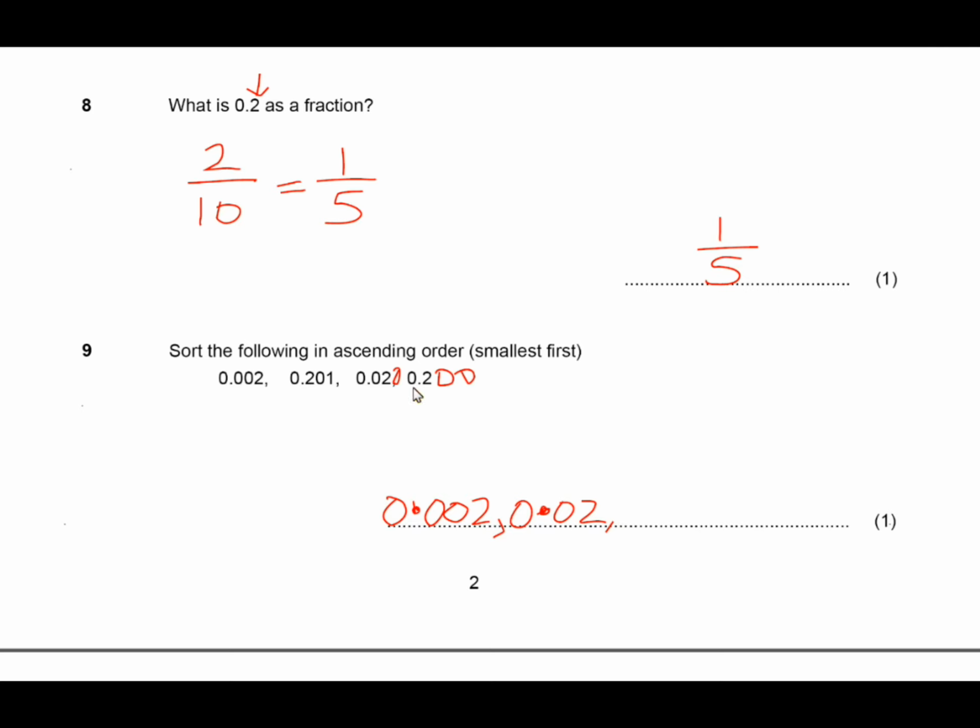Then the next smallest is going to be 200. And then finally, we've got 201. So the answer for 1 mark, 0.002, 0.02, 0.2, and then 0.201.